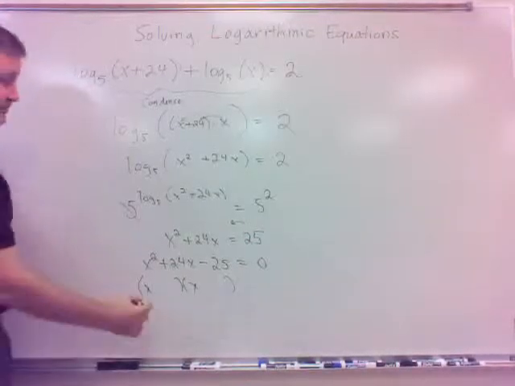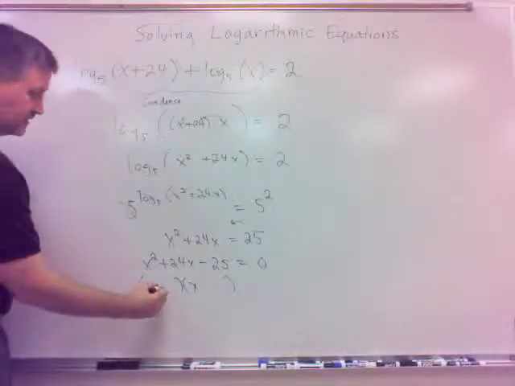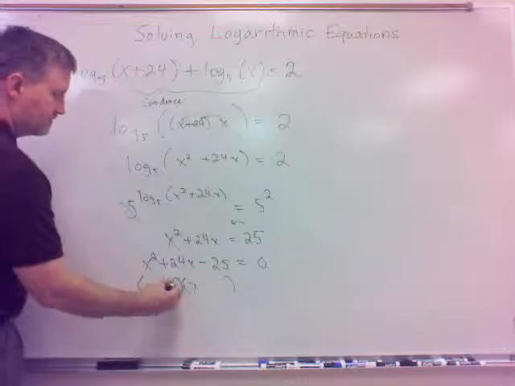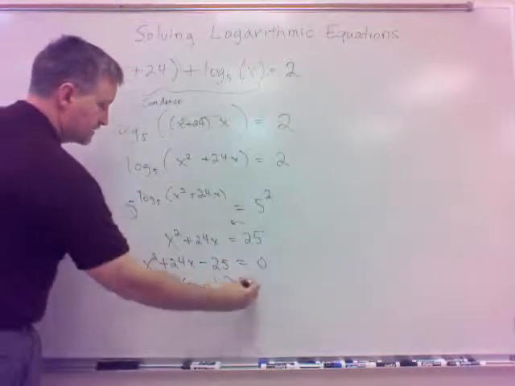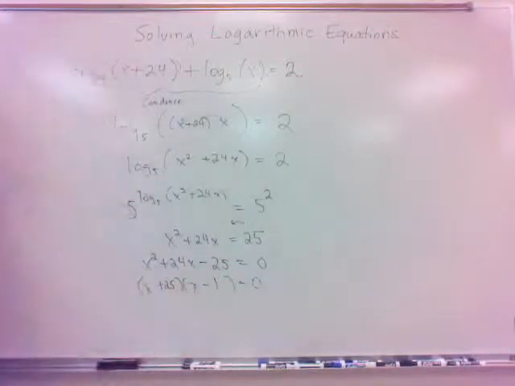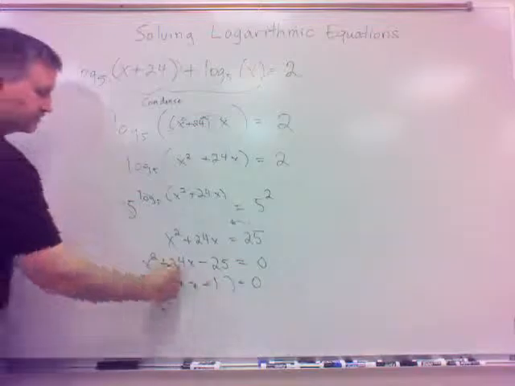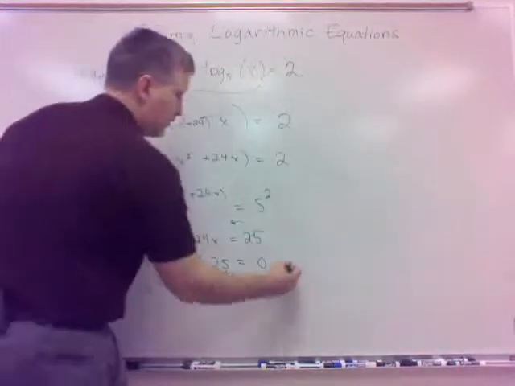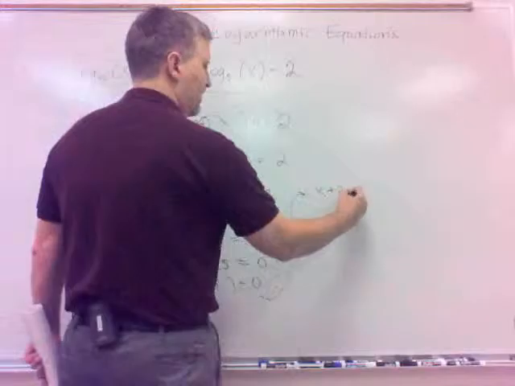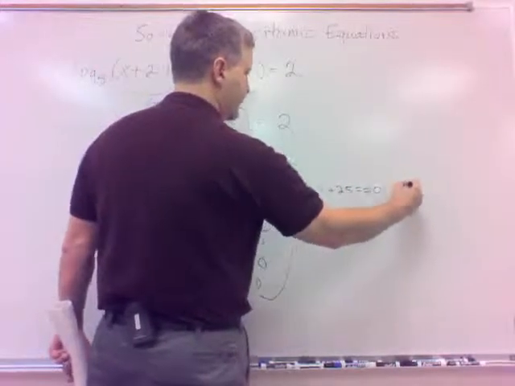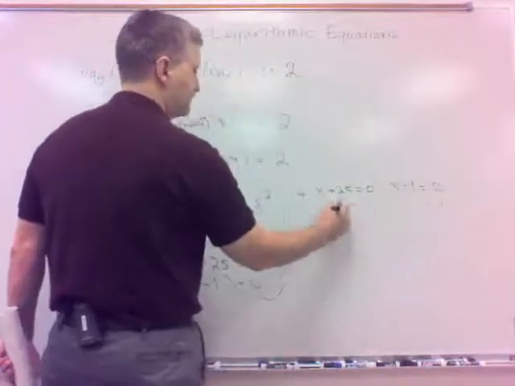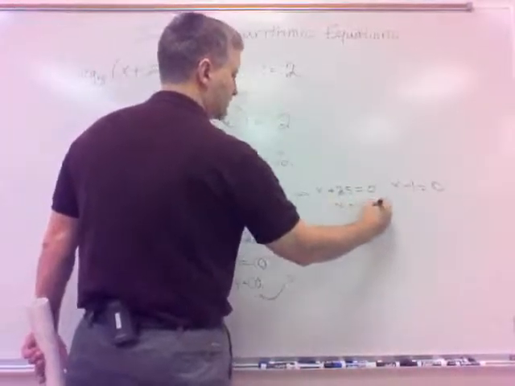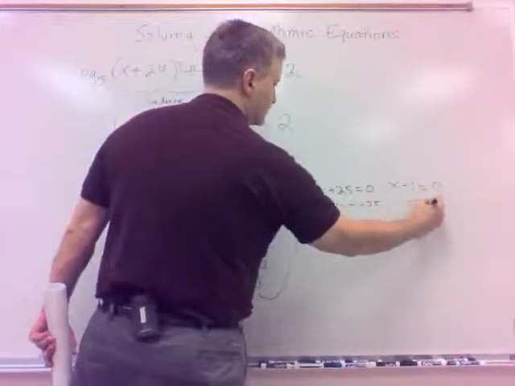Probably one we don't use very often, but it's 25 and 1, isn't it? Positive 25 and minus 1 would get us that factoring, right? That would give me a middle term of 24x, right? So that gives me potentially x plus 25 equals 0 and x minus 1 equals 0. Well, that solves out to x equals negative 25, and add 1, so we get x equals 1.